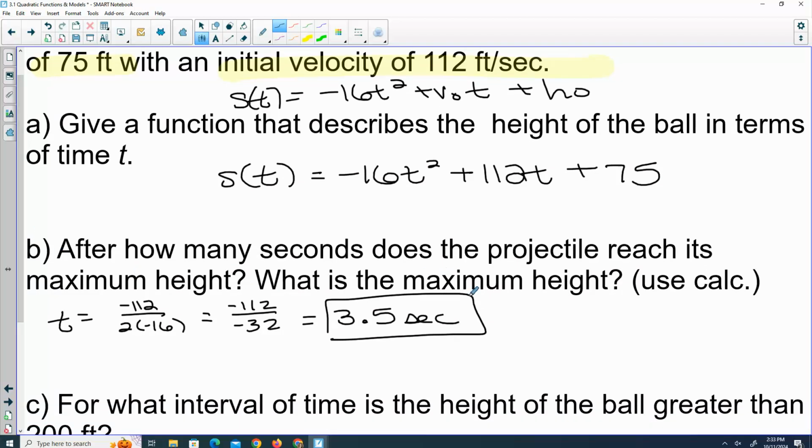Okay. If I said, what is the maximum height, what would you do?